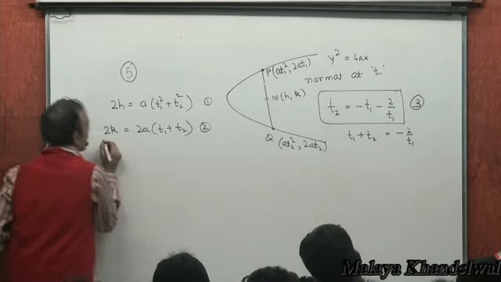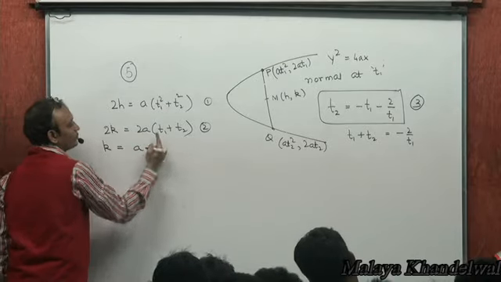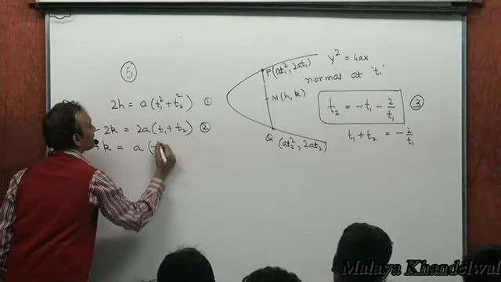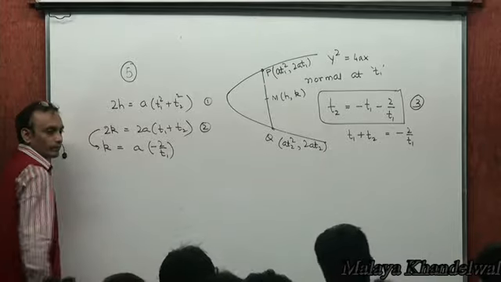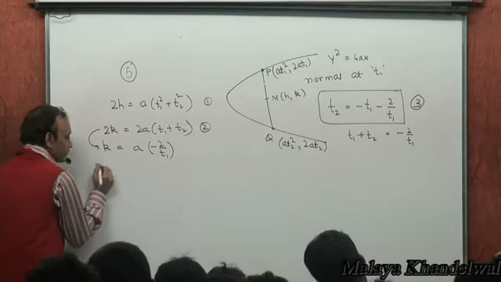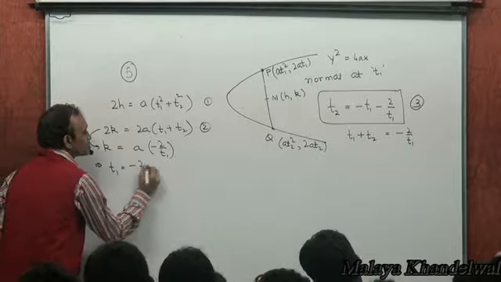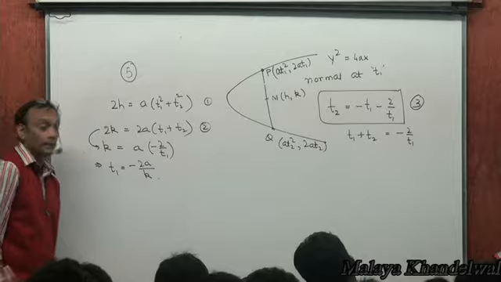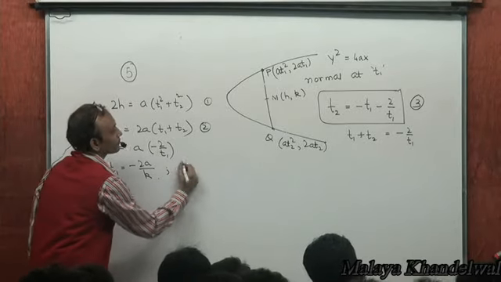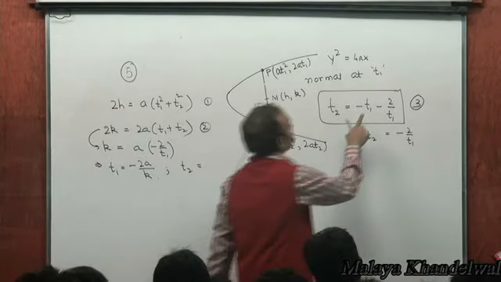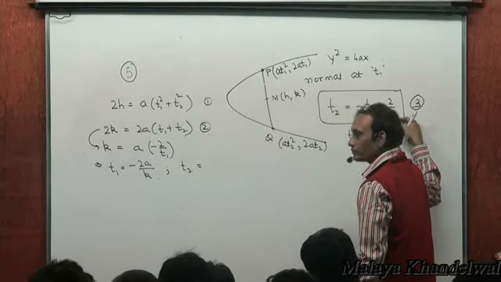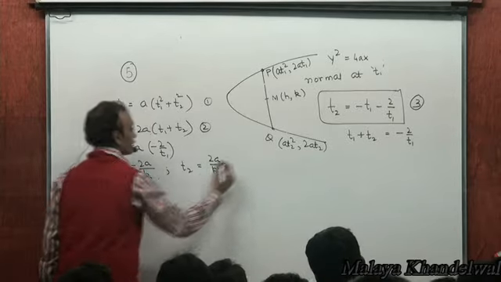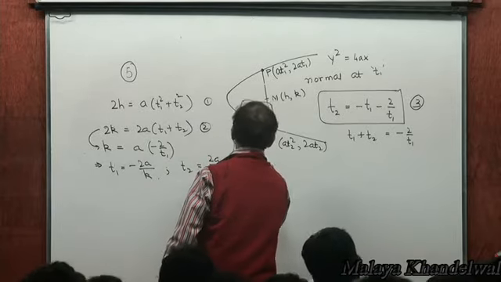So this second equation could have been written as k is a into T1 plus T2, which is minus 2 by T1, right? And that brings us to T1 equal to minus 2a by k, right? Now if T1 is minus 2a by k, T2 would be minus T1 minus 2 by T1.